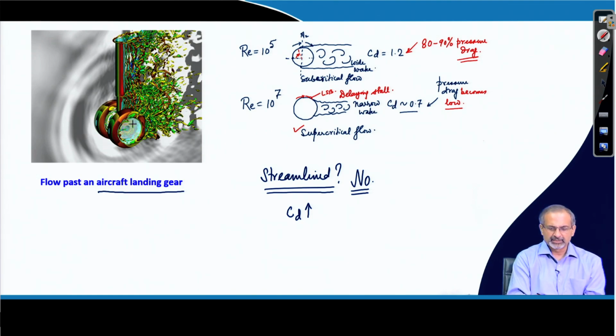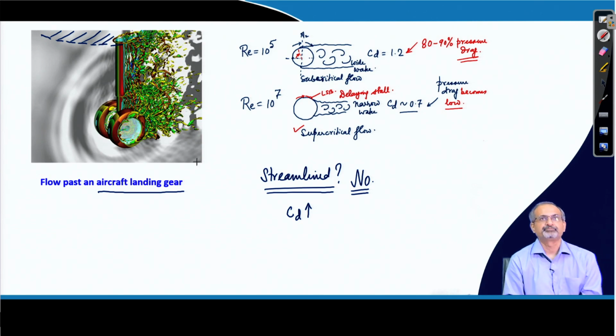So, we are just seeing the landing gear part of the aircraft, we are not seeing the bottom portion of the aircraft from where the landing gear has been deployed. You can imagine that the main aircraft lies above, but we are concentrating on the flow around the landing gear only.